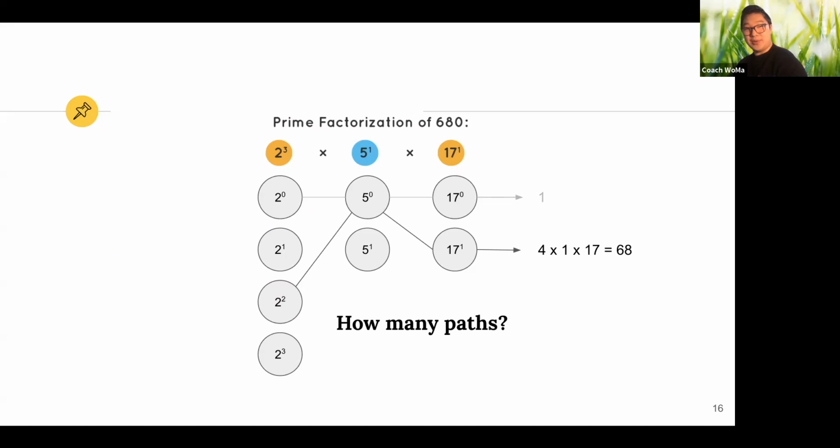Does anyone want to send me direct messages of how many paths there might be here? Please send me a direct message of how many paths there are instead of how many factors there are. And actually, it's the same answer, as you might see.